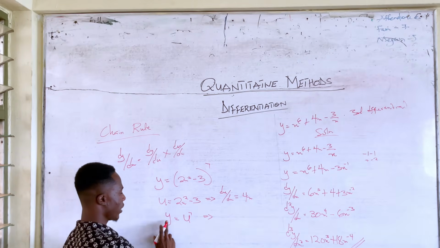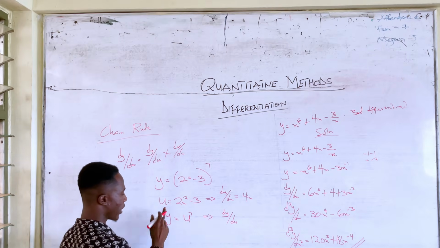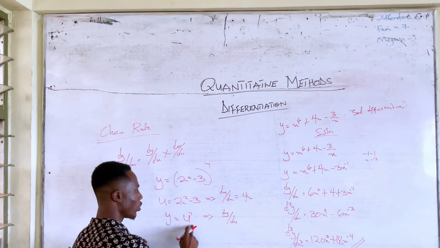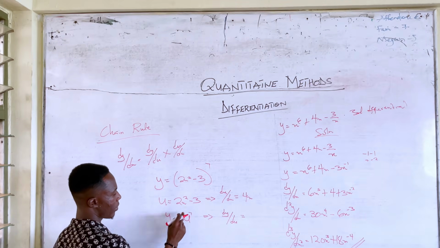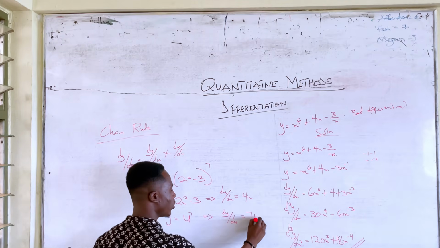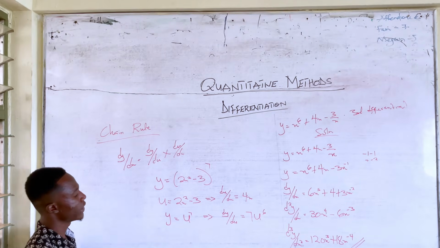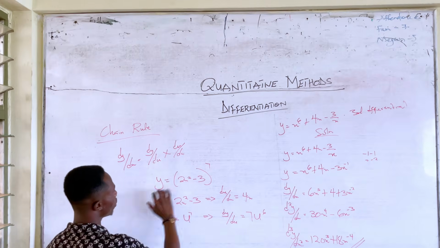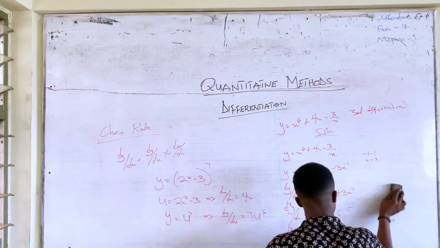Okay, so here too we have dy/du. We are differentiating y with respect to u. So dy/du is equal to this 7 will come down here. So we have 7u exponent 6. Do you see that? Yes. Then we are going to insert this into the formula. Then we do our calculations.